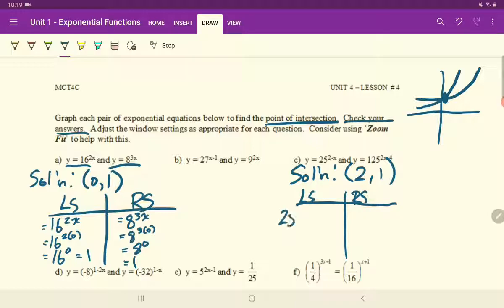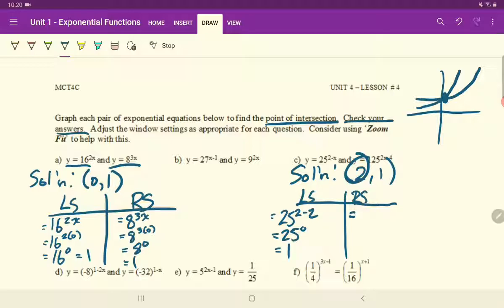Left side of each equation: 25 to the power of 2 minus, now what's my x value? I'm going to replace my x with what? Correct, 2, because my x value for my solution is 2. You get 25 to the power of 0, which is 1. Good, so it satisfies the left equation. When I input 2, I get an output of 1.